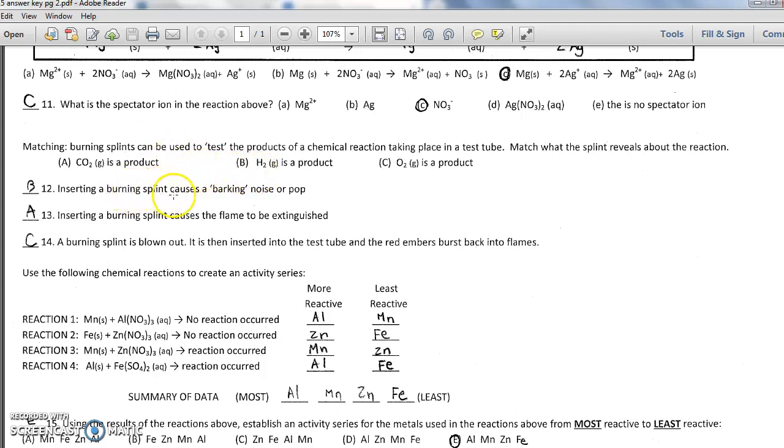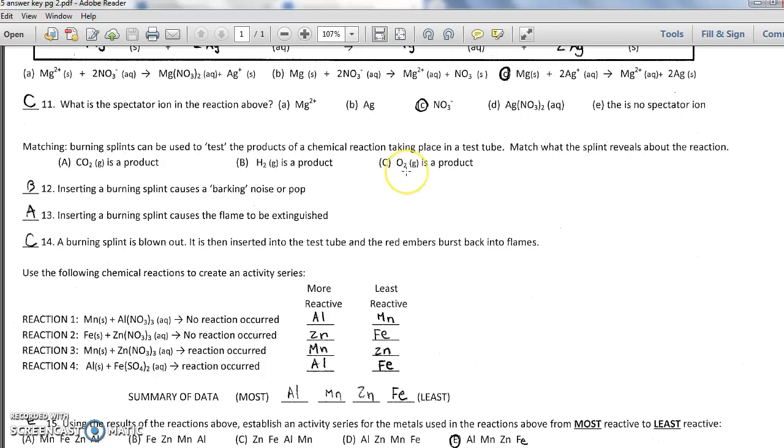When you insert a burning splint in hydrogen, hydrogen gas is very flammable. It will combust and begin burning. And we learned in our decomposition reactions that when you insert a burning splint into a reaction producing oxygen, the splint will burn much, much faster.